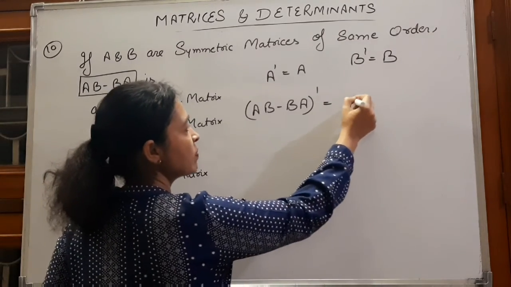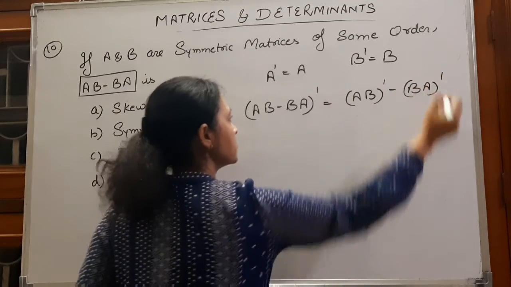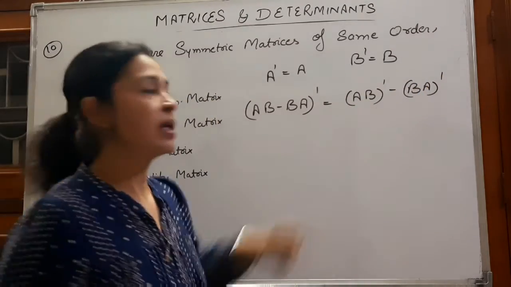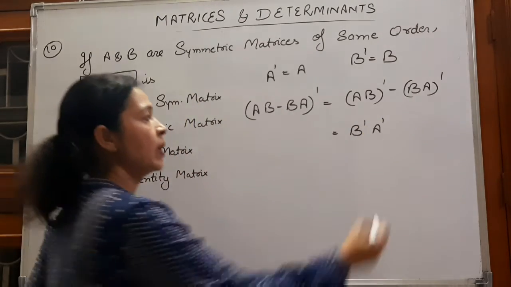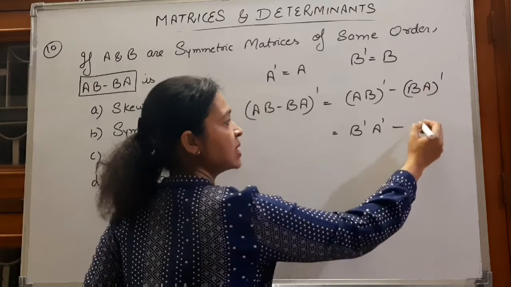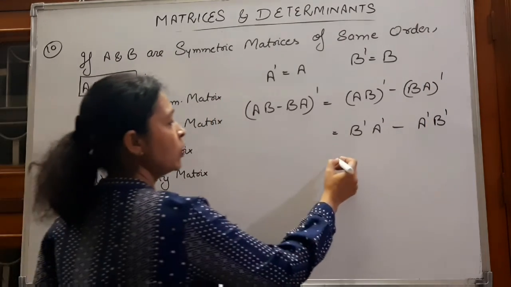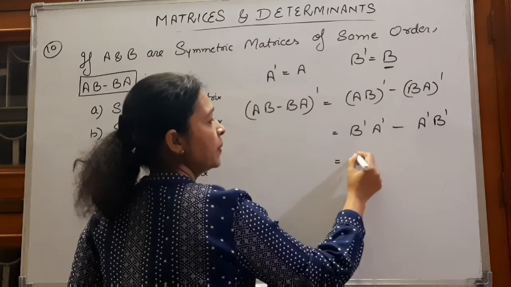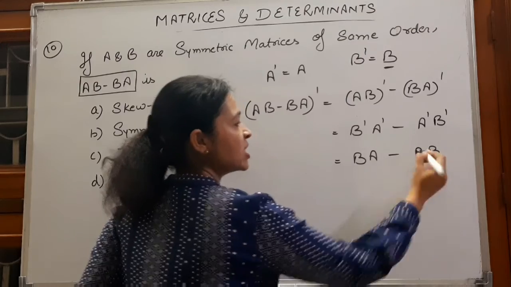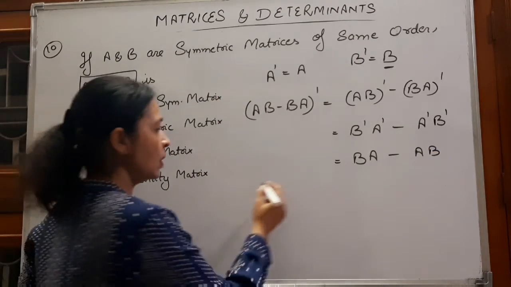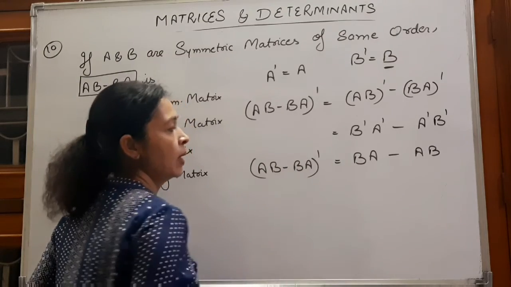AB minus BA transpose will be AB transpose minus BA transpose. And what is AB transpose? AB transpose is B transpose into A transpose. Minus similarly BA transpose is A transpose into B transpose. Now, we know B transpose is equals to B and A transpose is A. This is AB minus BA transpose.